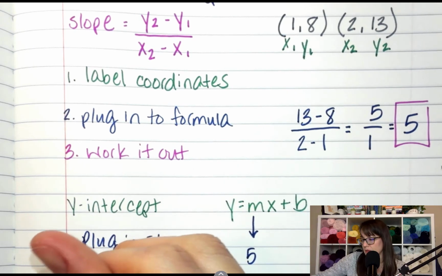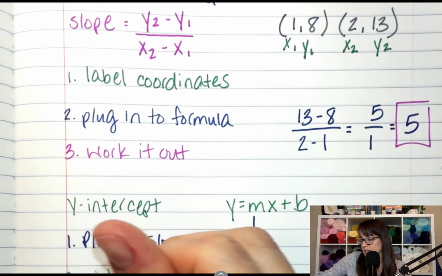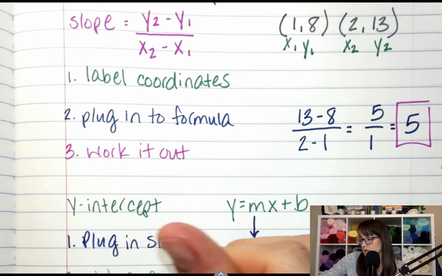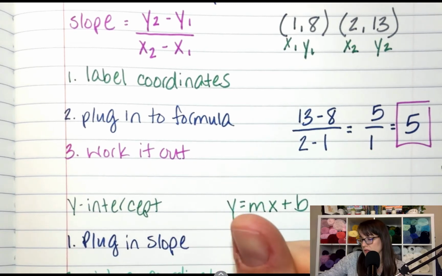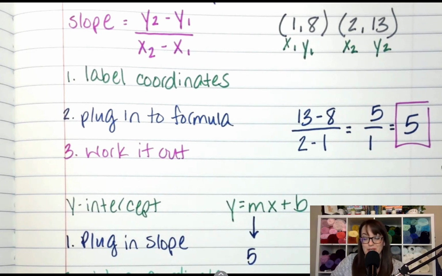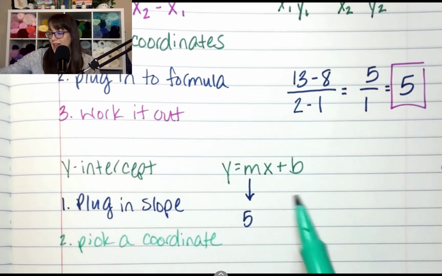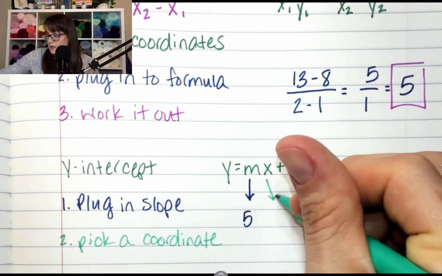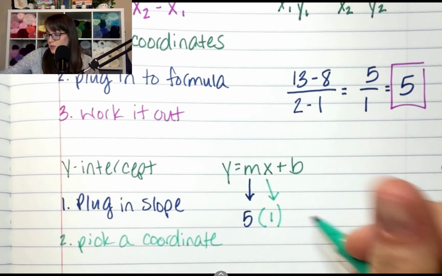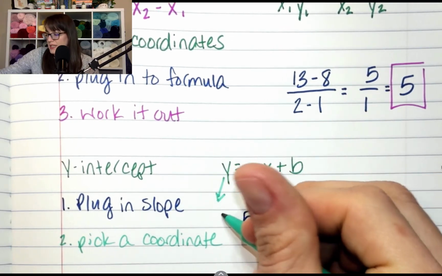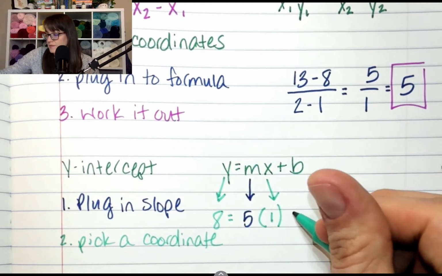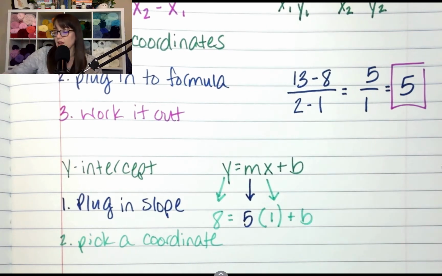So step 2, pick a coordinate. And I'm going to go with the smaller numbers, the 1 and 8. So x is 1. I'm going to use parentheses to show multiply. And y was 8. And this is plus b.